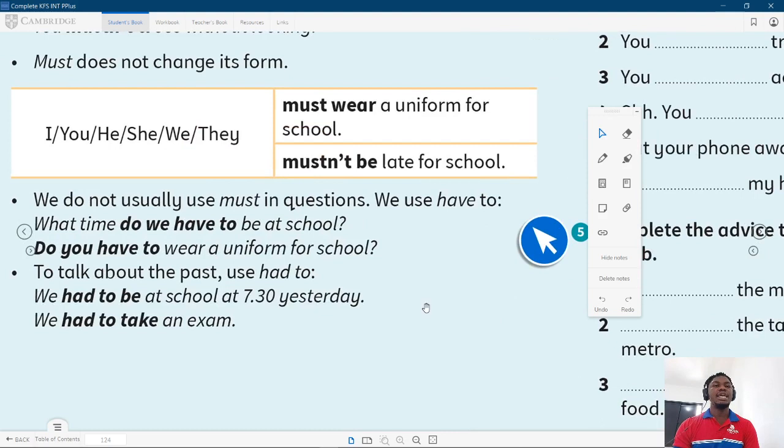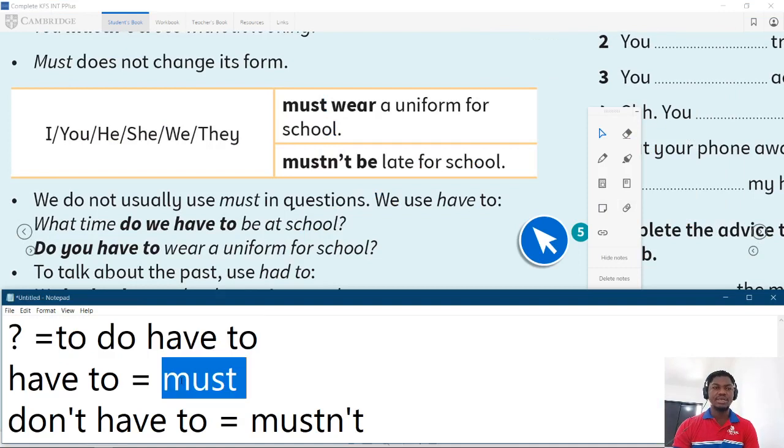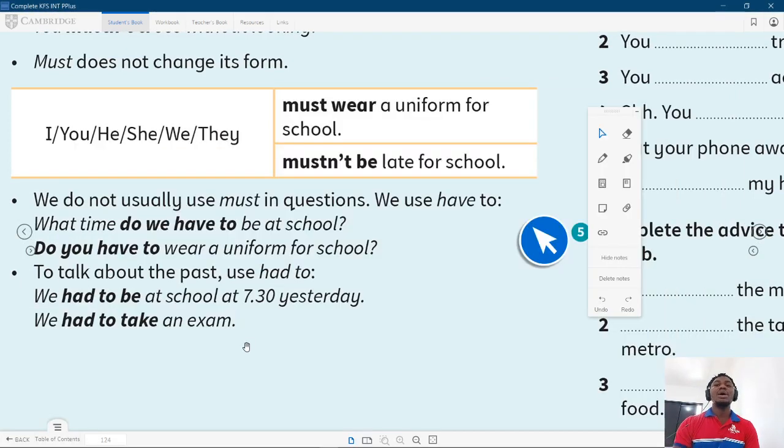And we can use it to talk about the past. We don't use must for the past. We use have to for the past. So, for example, I must go to school today. In the past, I say I had to go to school yesterday. Or we had to be at school at 7:30 yesterday, and we had to take an exam.